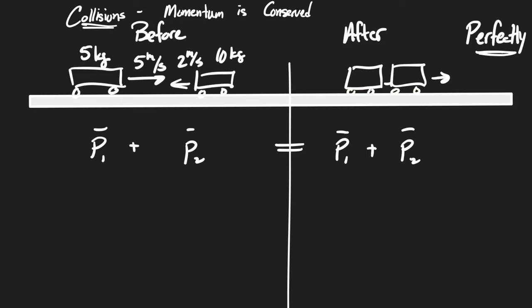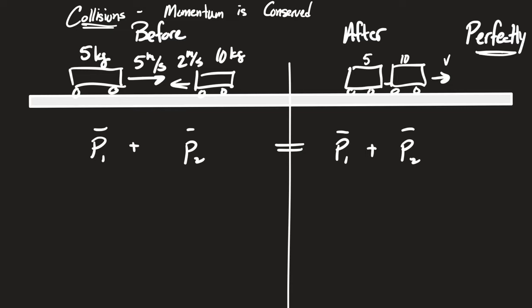Hopefully that's enough. But it can only generate one equation. We set the momentum before equal to the momentum after. So there can only be one unknown. In this case, assuming the cars stay the same mass, the unknown will be how fast they're going after the collision. So one thing I don't know. They join together, so how fast are they going? And in what direction? I don't know. We're going to find out.